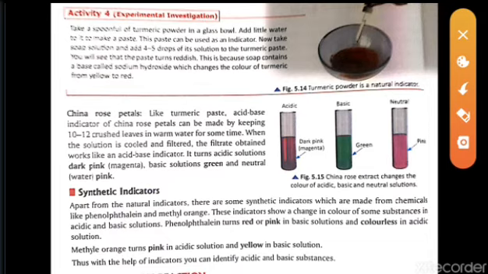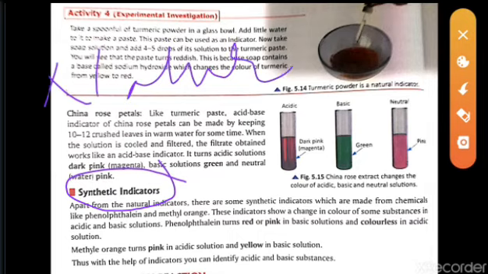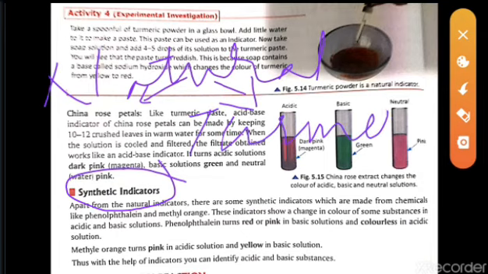Next we have the synthetic indicators. In the natural indicators we have got the China rose petal as the first one, and the other one is turmeric. Okay, now we have the synthetic indicators.